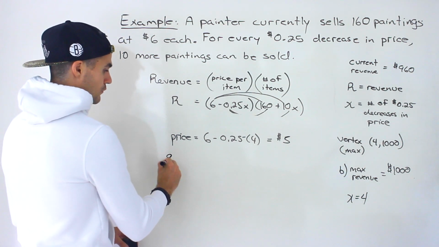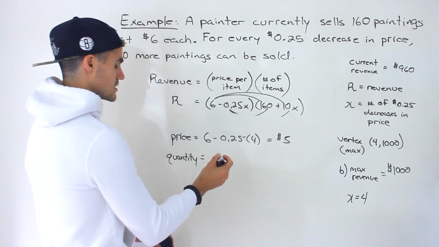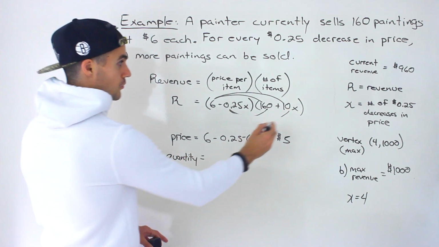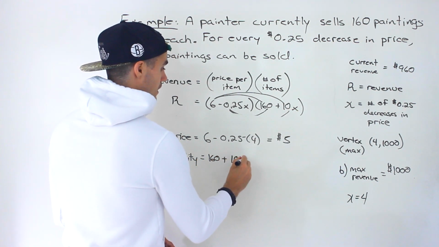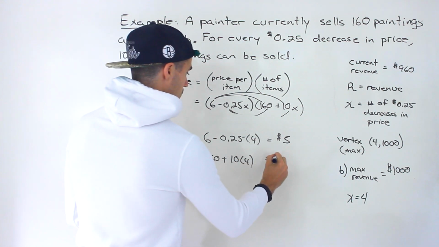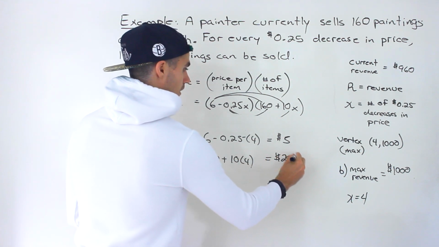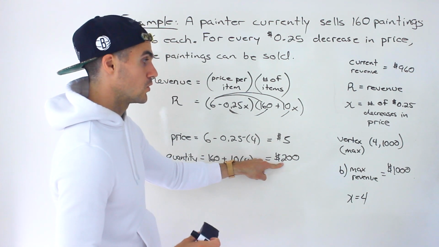They didn't ask for this, but we can also get the quantity sold that maximizes the revenue. We would plug in 4 over here. So it would be 160 plus 10 times 4, which would be 40. 160 plus 40 would give us 200. And notice that when we multiply these, 5 times 200, what do we get?